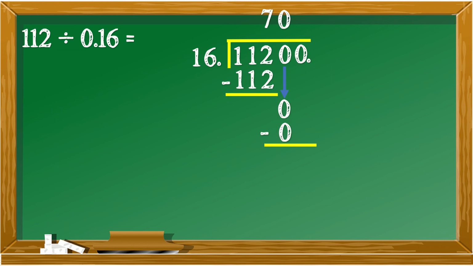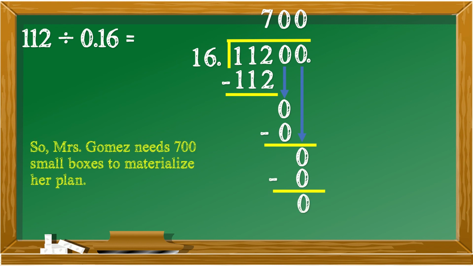And then bring down the last digit, which is also 0. 0 divided by 16 is 0. 0 times 16 is 0. Subtract. 0 minus 0 is 0. Therefore, Mrs. Gomez needs 700 small boxes to materialize her plan.